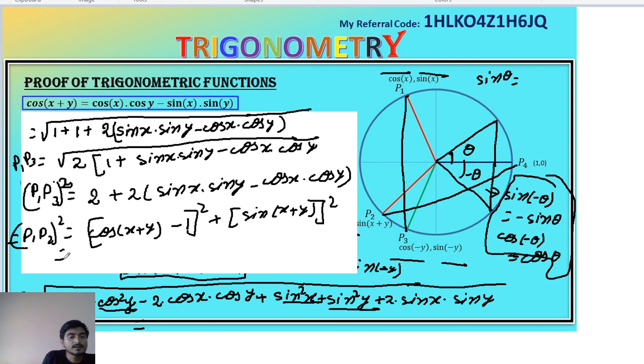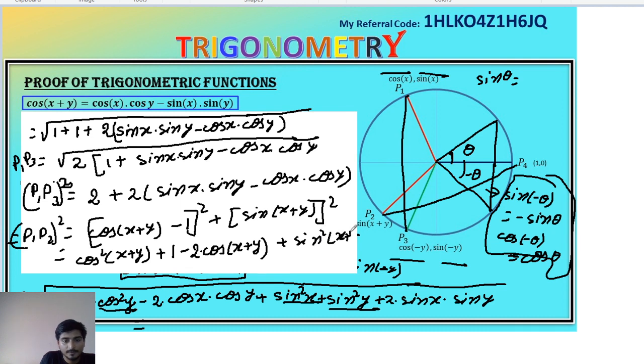Okay, so that will give you cos square of x plus y plus 1 by applying the formula a minus b whole square, minus 2 into cos of x plus y and plus sine square of x plus y.